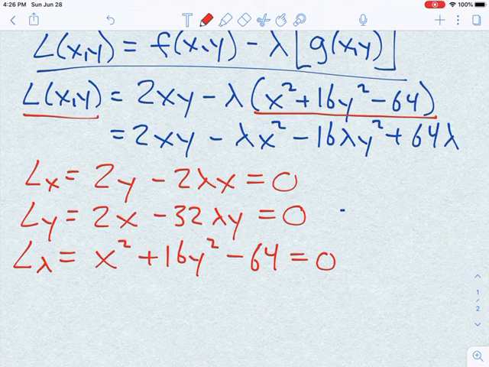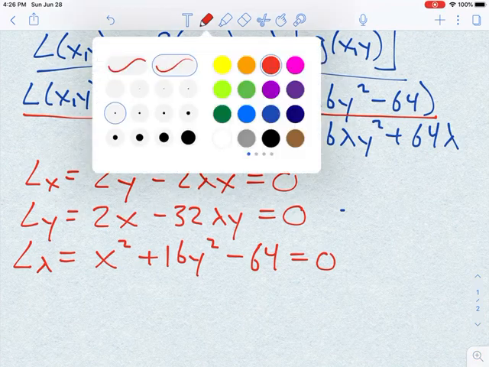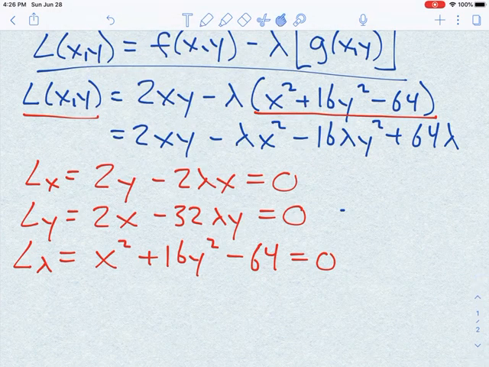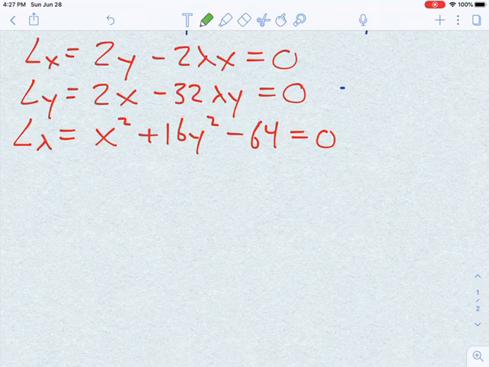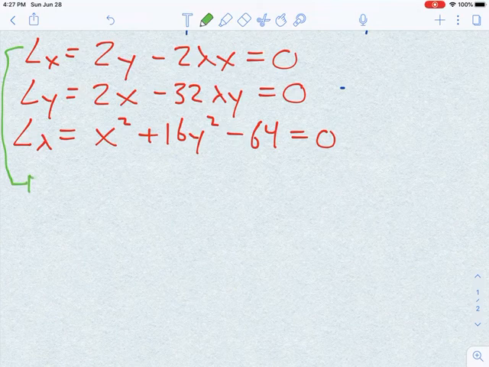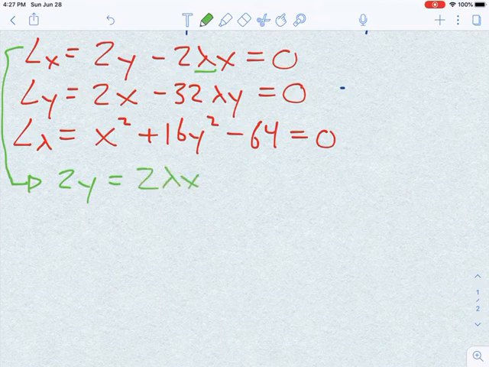The next step is to find x and y. I'm going to start with the first, I like to go in order. Start with L sub x, and let's solve that for lambda. So 2y equals 2 lambda x, or lambda is equal to y divided by x.